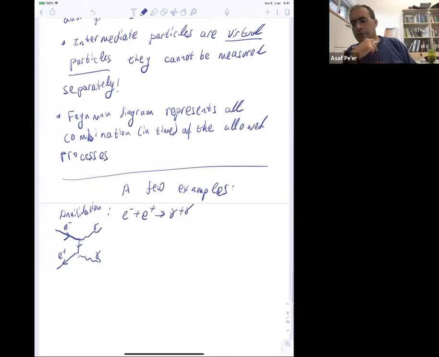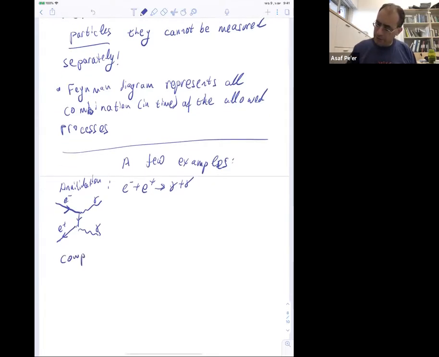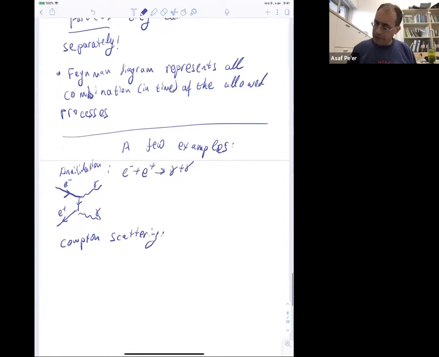You have Compton scattering. Compton scattering is a scattering between an electron and a photon with an exchange of energy. So I have an electron and a photon.